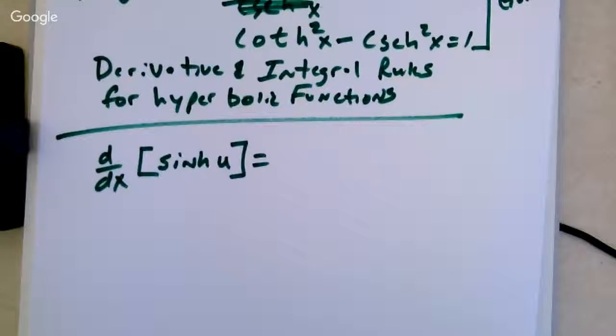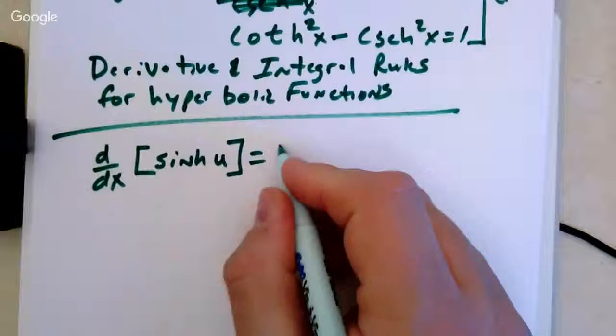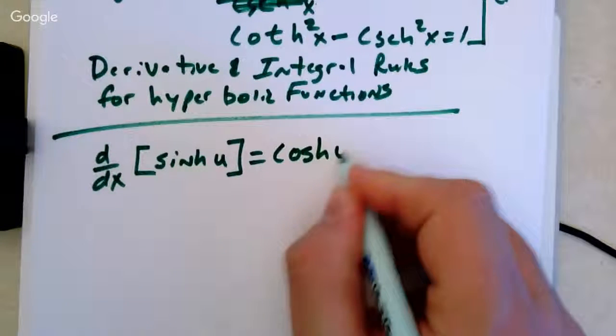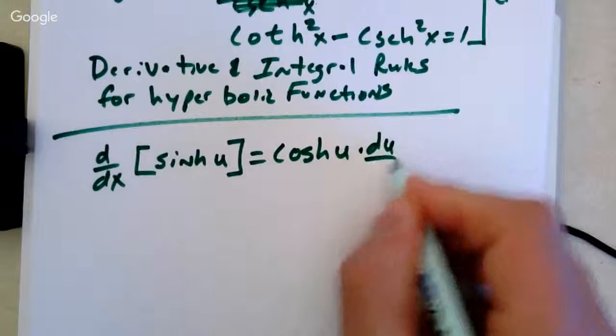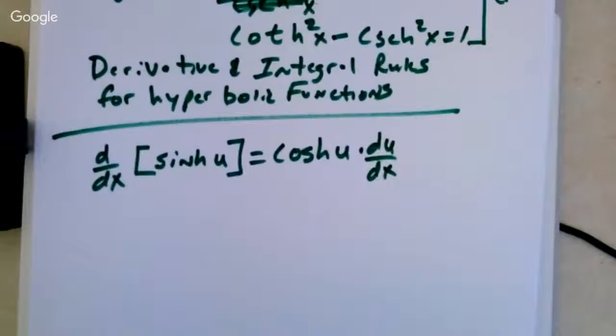Straight cosh? E to the x? Any others? Well, usually sine is the what? The derivative of sine is cosine, and it's also positive, and that's the derivative of this. The derivative of sine hyperbolic is cosine hyperbolic u times du dx. Why is it dx on the bottom? Because we're taking the derivative with respect to x over here.